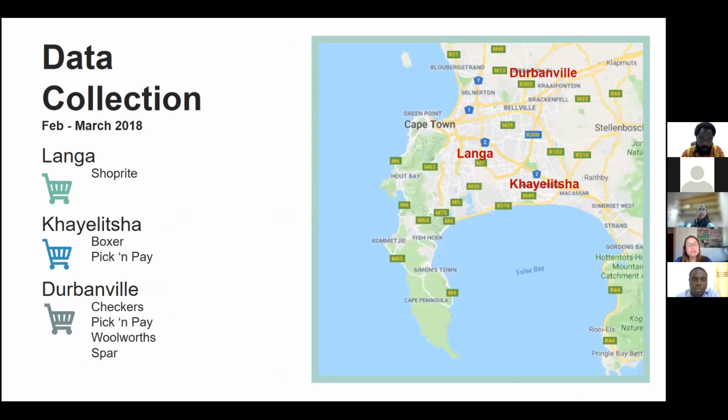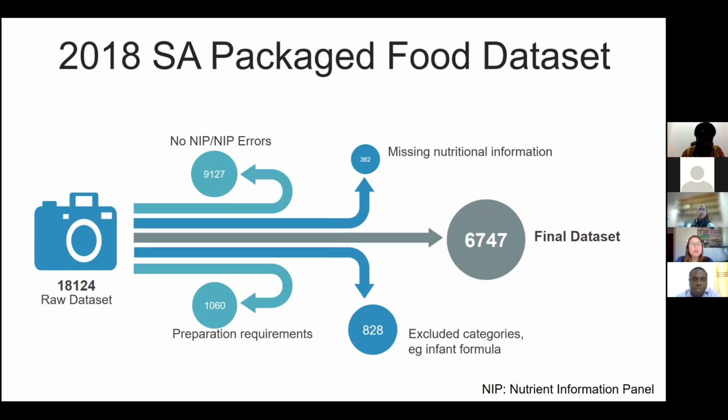In order to do this, it was necessary to collect data on the packaged food supply in South Africa, and we collected this at supermarkets in both low and middle income suburbs in Cape Town. We photographed over 18,000 products.